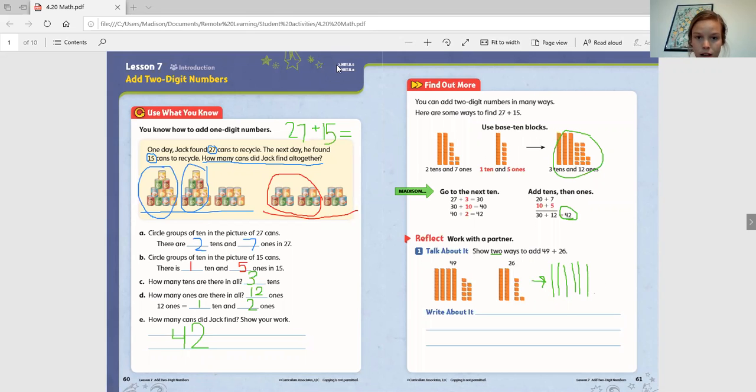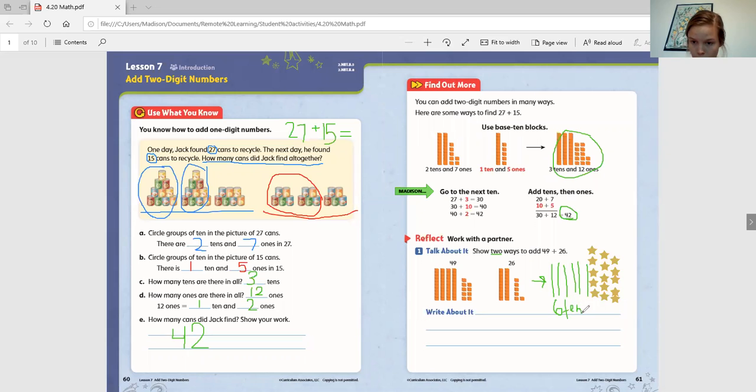So count with me as I draw. Let's see. We're going to do stars for our ones. 1, 2, 3, 4, 5, 6, 7, 8, 9. Now I need to draw 6 for that other one. So 1, 2, 3, 4, 5, 6. All right. So let's see how much that is. We know we have our 6 tens.